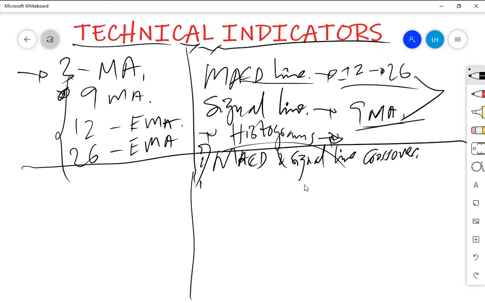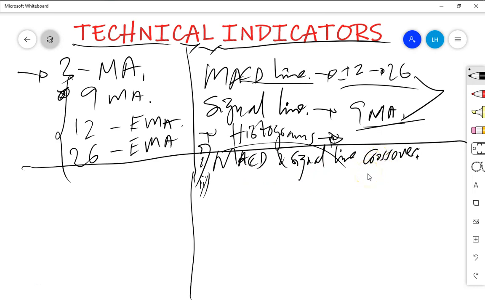That's the first way you can use MACD. Later on I'm going to explain them. I'll open the MACD indicator, and then I will show you what the MACD and signal line crossover is. This is the most common way in which traders use MACD.